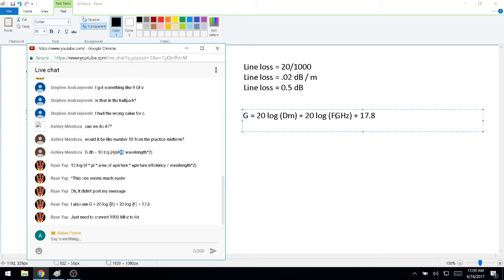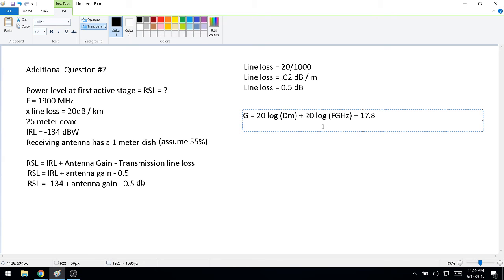So in this formula, Ryan, the frequency actually has to be in gigahertz if we're using the constant of 17.8. So you're right that we need to convert 1900 megahertz, but we have to convert it the other way. And so when we plug in these numbers, right here, this is asking for the diameter of the dish in meters, and we're originally told that it's a 1 meter radius dish.